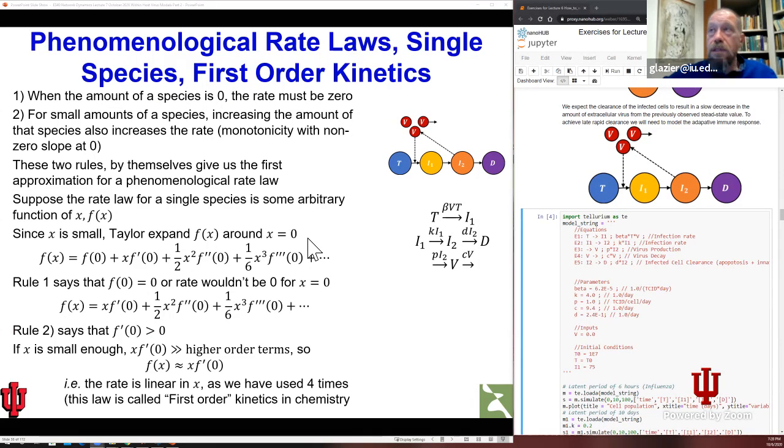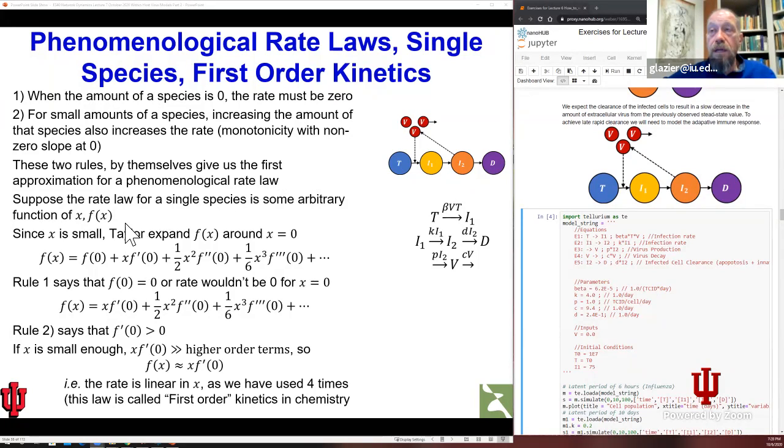So our first rule is that if we have a conversion of species like this, if the amount is 0, the rate's got to be 0. The second, since the rate can't go negative near 0 because that would mean we have a negative amount of the stuff, is that for small amounts, increasing the amount increases the rate. And that already tells us something about the rate law.